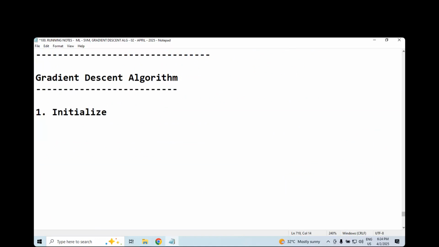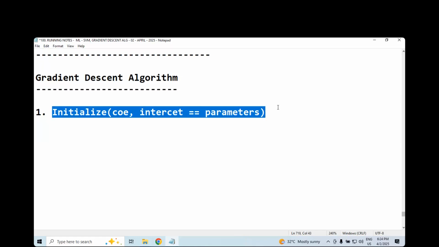Do you remember? There is one point actually: the coefficient and what exactly, sir? Intercept. These two are called parameters. Initially, it will initialize the parameters with zero values. I mean to say that this one is the starting position.